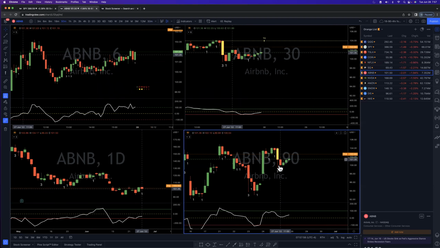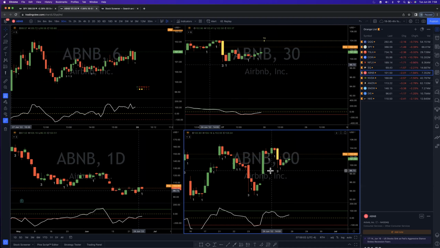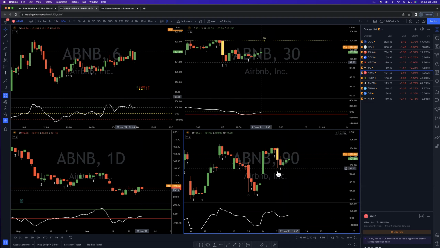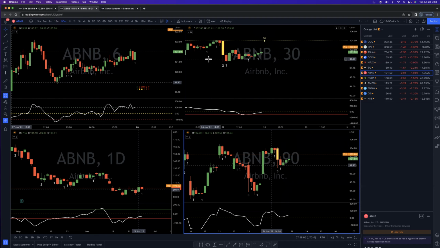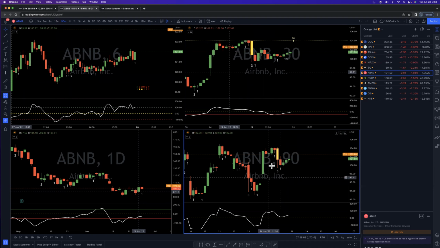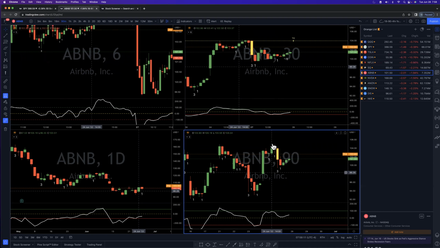Don't get stuck inside 90. Use your 30-90 strategy and trade off of the 90-minute and look for inside bars on the 90-minute flip. That's how I would trade the 30s. I'd go 30-90 and look for those inside bars off the 90-minute flip.